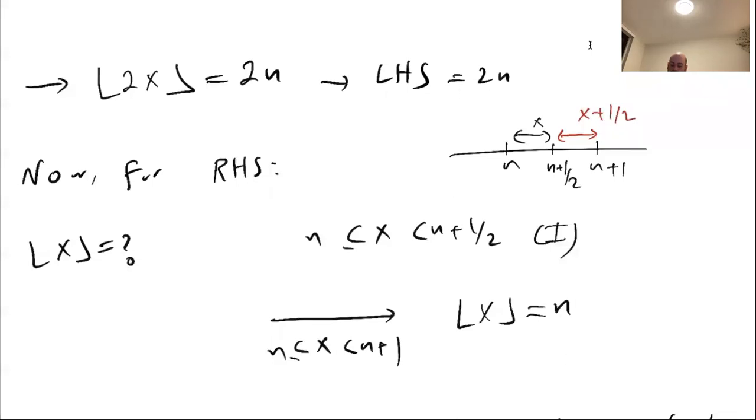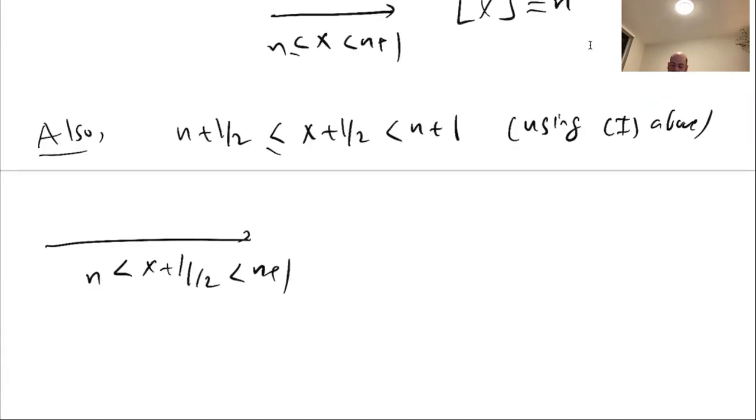So if x plus 1/2 is here, in the second gap, of course, it will be in the bigger gap as well. So x plus 1/2 will be between n and n plus 1. Once it's put between two consecutive integers, I can conclude that the floor of it is n.